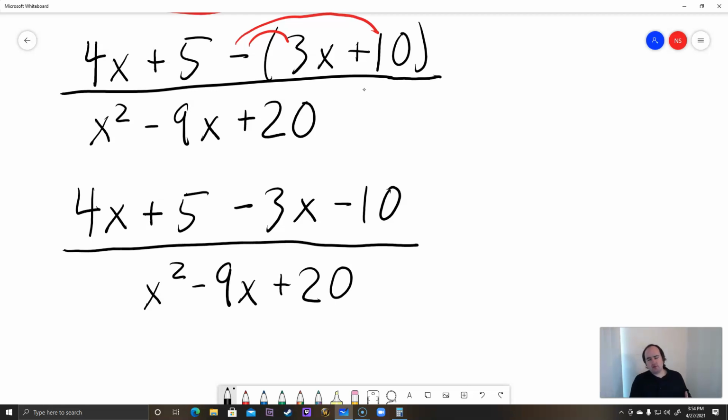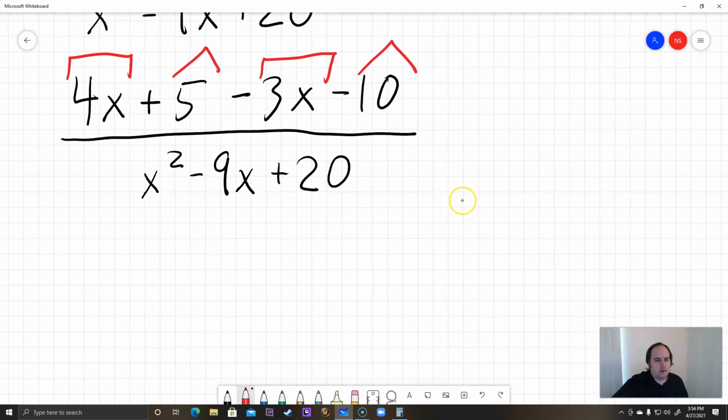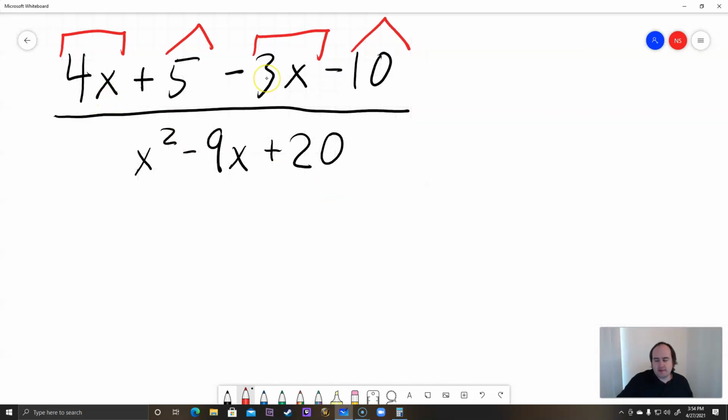Okay, and then now in the numerators we can combine everything that's a like term up here. So we have 4x minus 3x, and then 5 minus 10. Okay? So for the 4x minus 3x, that's 1x.